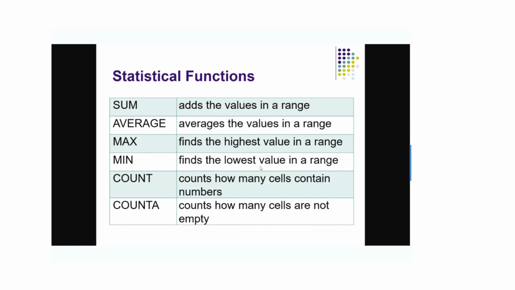The function called max looks for the highest value in a range of cells, where min looks for the smallest value in a range of cells. Count counts how many cells contain numbers only. Count A counts how many cells are not empty. In other words, they could have anything in them. Think of the A for anything or alphanumeric, numbers and text.